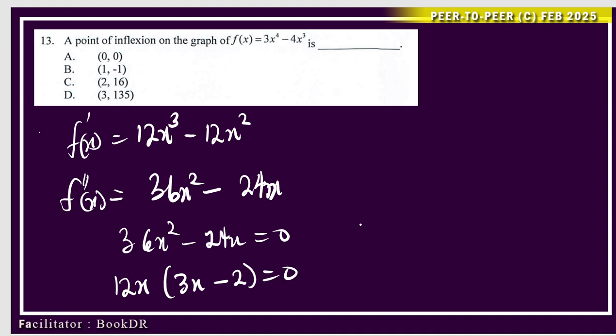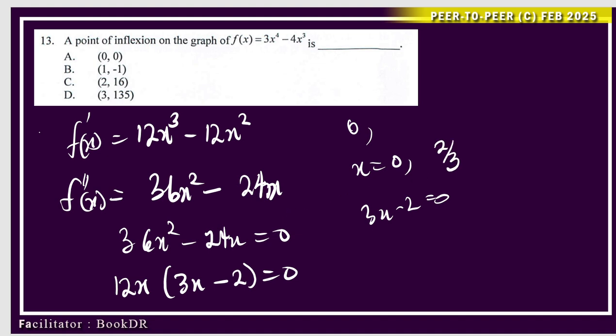So it's either x is equal to 0 or 3x minus 2 is equal to 0, which implies x is equal to 2/3.